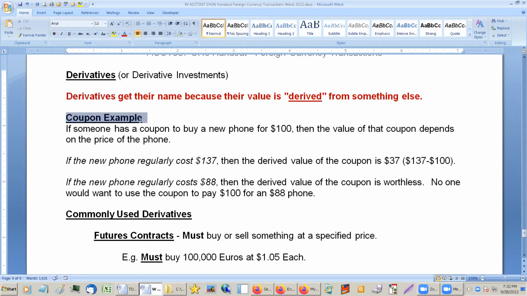Okay, example would be a coupon. So someone has a coupon to buy a new phone for $100. The value of that coupon depends on the price of the phone.